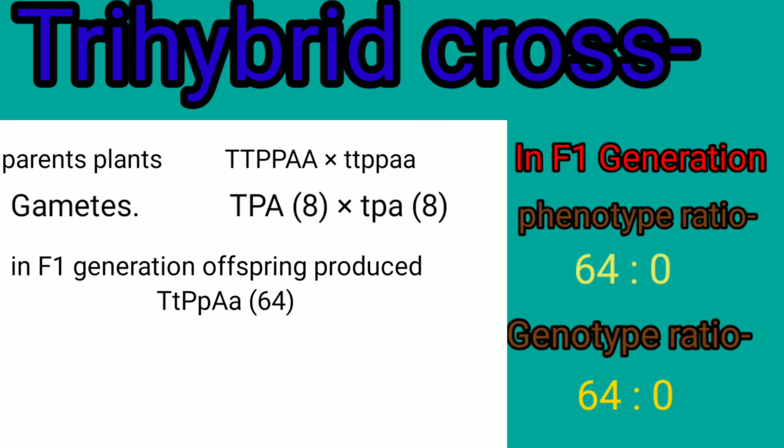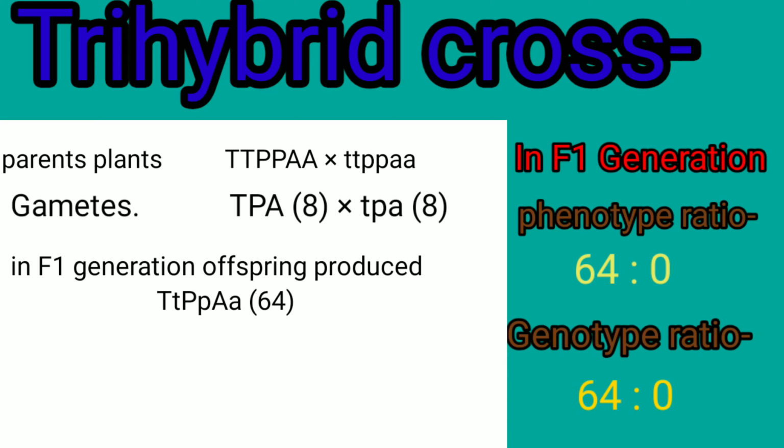In the trihybrid cross, we take 3 characters or 3 traits. Capital T is the tallness of the plant, capital P is the purple color of the flower, and capital A is the axial position of the flower, crossed with small t, the dwarfness of the plant, small p, white color of the flower, and small a, the terminal position of the flower.